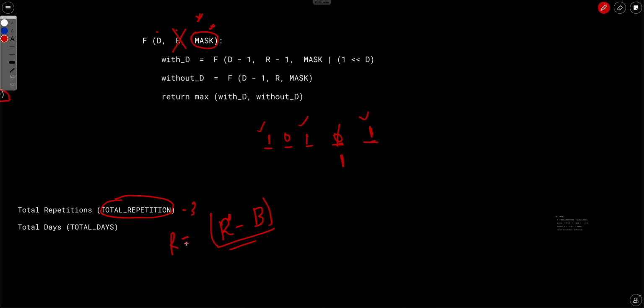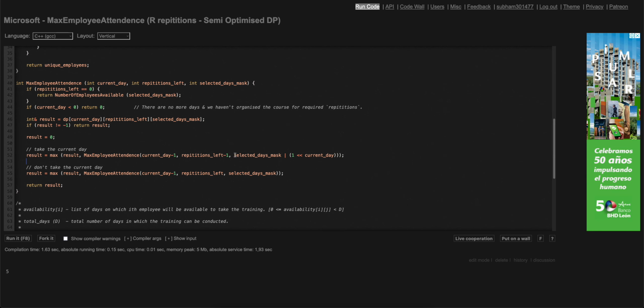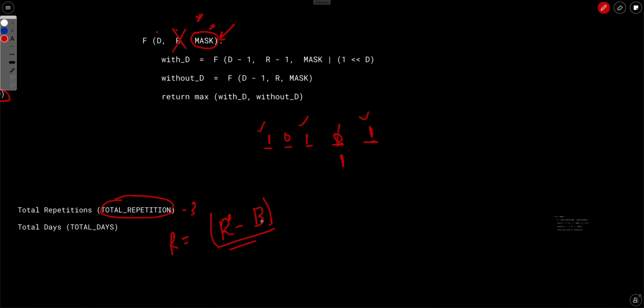Just to summarize, we don't need R at all. We can derive R from this mask itself. How can we derive R? Every time we append something to the mask, we subtract one from the repetitions left. So it indirectly means that if there are b bits set in this mask, and the initial number of repetitions is r dash, then r dash minus b will be the value of r at this current state.